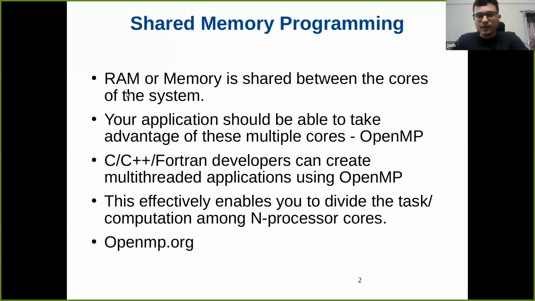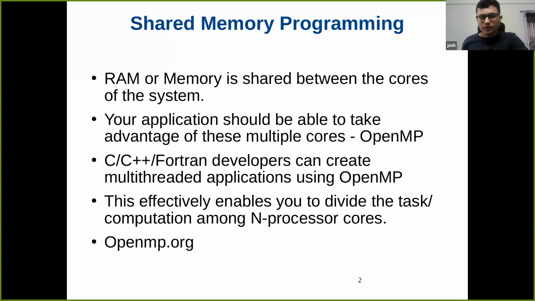In shared memory systems, we have RAM that is shared between all the cores. But the point here is that the application or program that we write should be able to take advantage of these multiple cores.